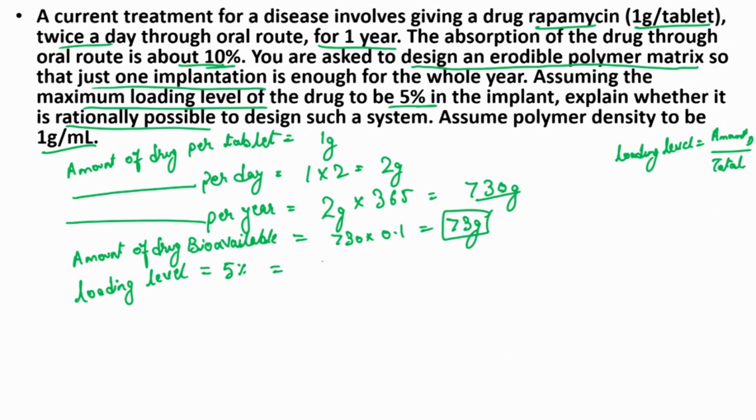So, that will be nothing but 73 gram is what we want to put in, divided by 0.05. So, that will be the total implant device, and if you solve this it will give about 1460 gram of the total implant weight.